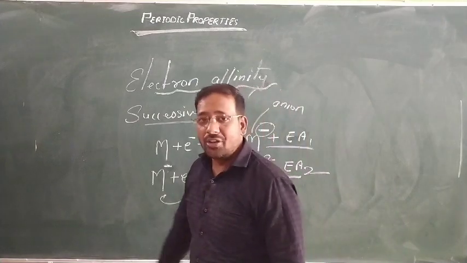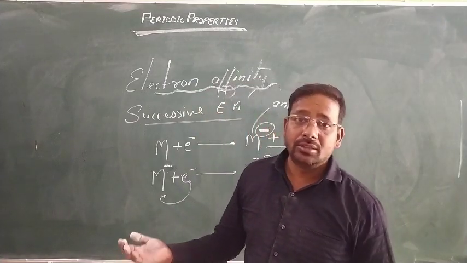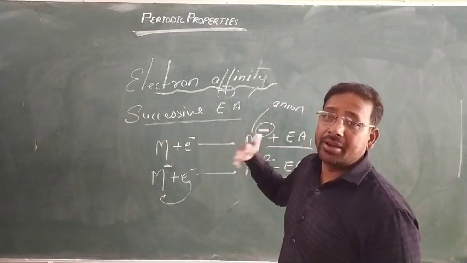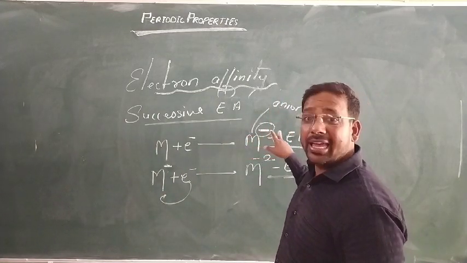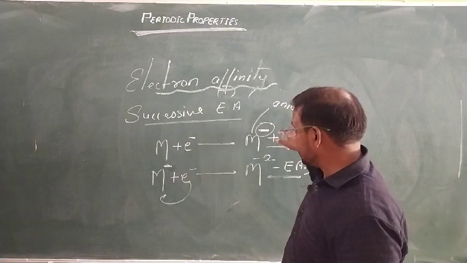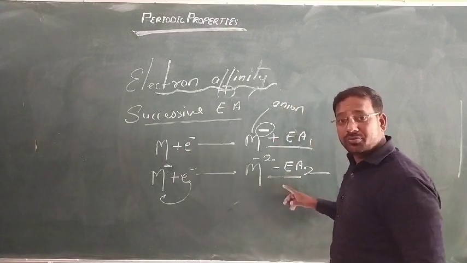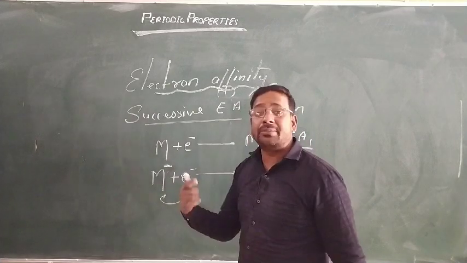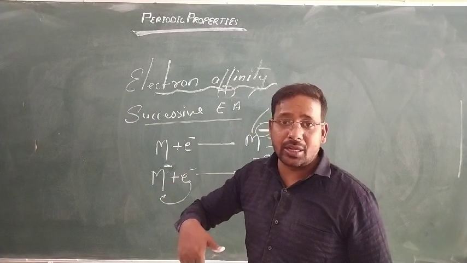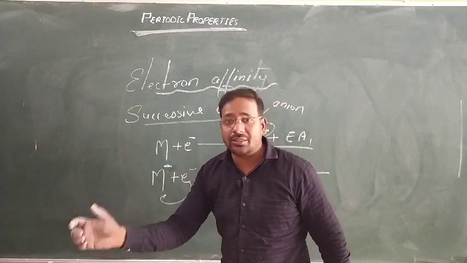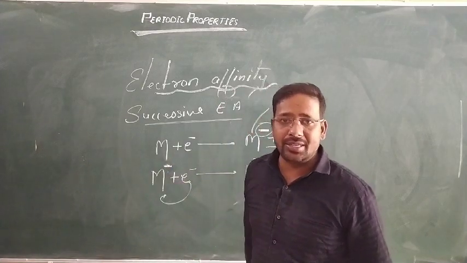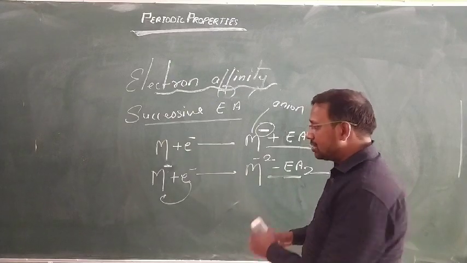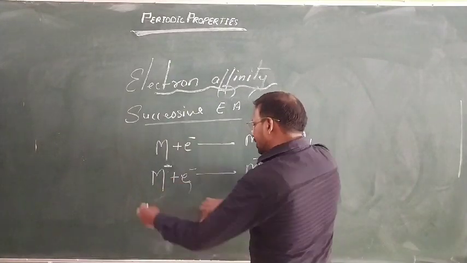So this is the reason for the successive values. The first one is giving out energy, an exothermic process, but the second is an endothermic process, because we have to give energy owing to the repulsion between the same charges. Because of repulsion, it is very difficult to add an extra electron in the valence shell, and we have to give energy. And it is a very important question, given in JEE Mains.